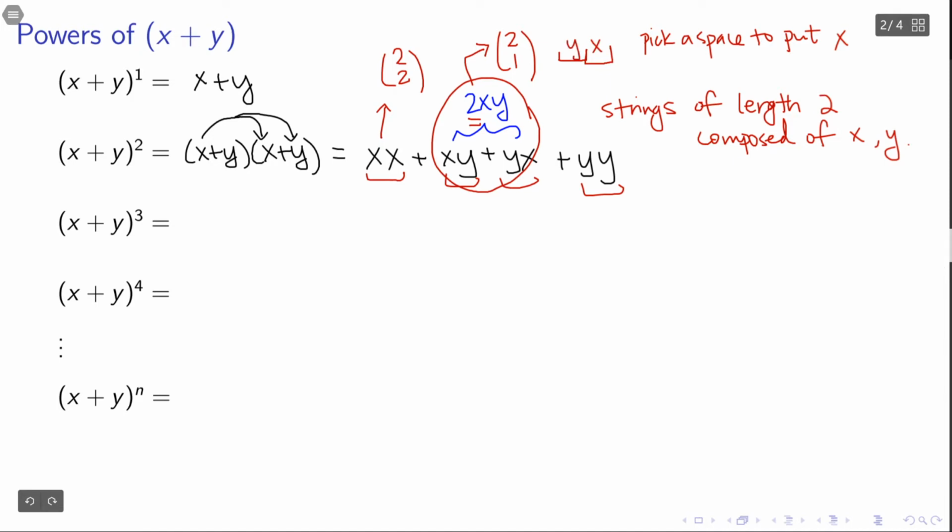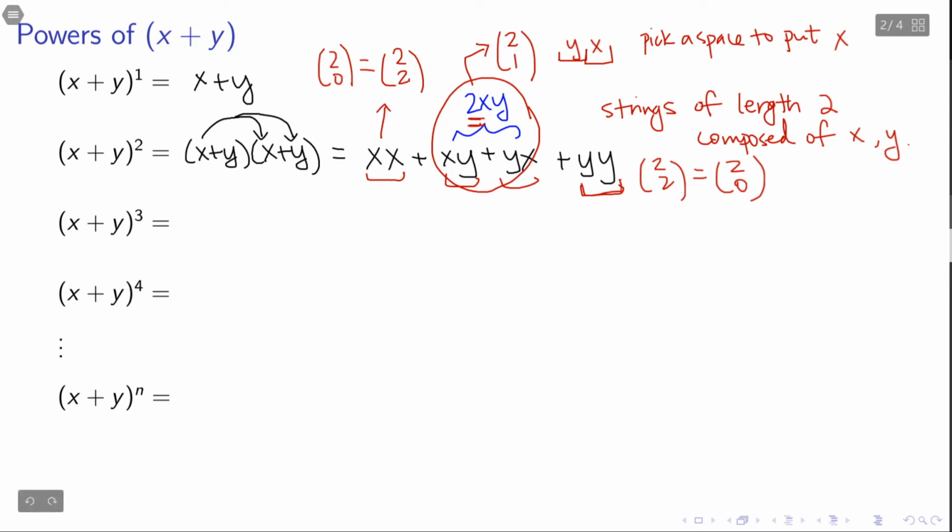So there are 2 ways, and that's why we get 2xy here. And finally, for the last term, it's also 2 choose 2, which is the same thing as 2 choose 0, right? So it's symmetric. Because given 2 spaces, you're either picking 0 of them in which to put x's, or 2 of them in which to put y's. Right, so that's how the binomial coefficients appear in this small example.